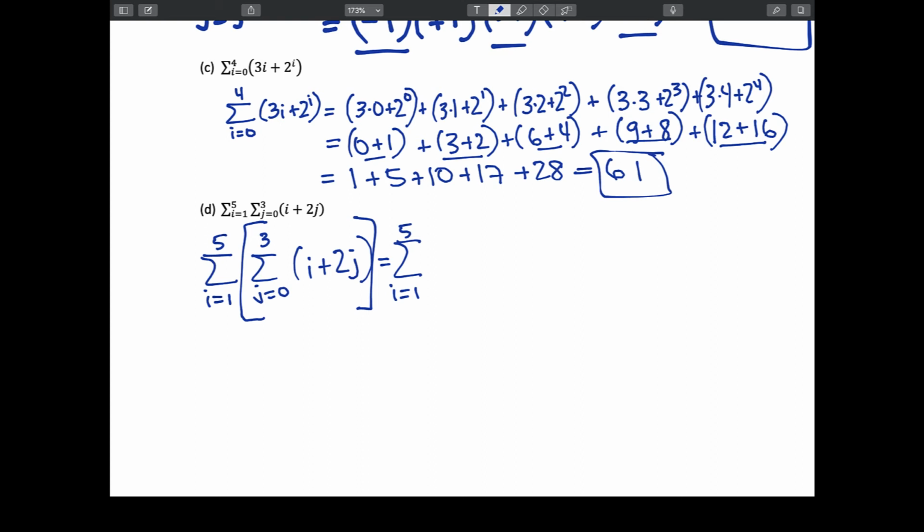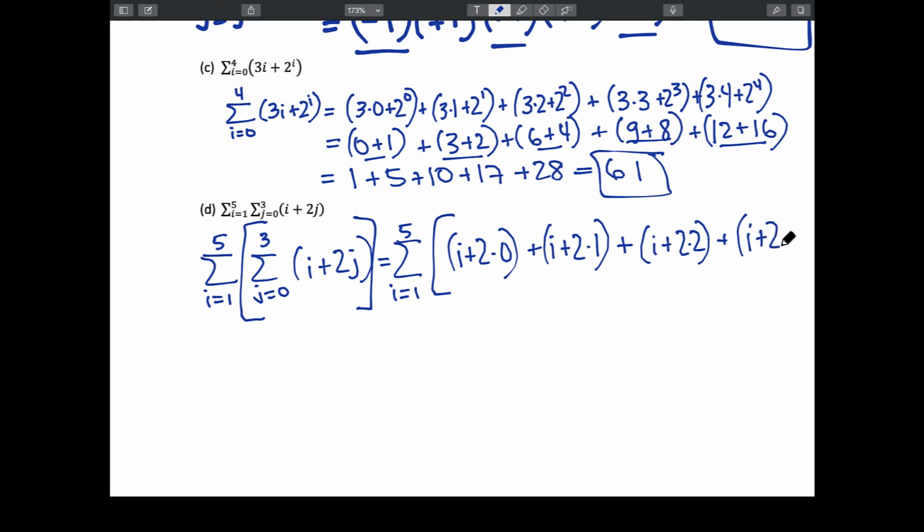And so we're going to leave i as i, and I'm going to figure out what should exist within that inner bracket. And so we get i plus 2 times 0 when j is equal to 0. When j is equal to 1, we get i plus 2 times 1, plus i plus 2 times 2, plus i plus 2 times 3 when j is equal to 3.